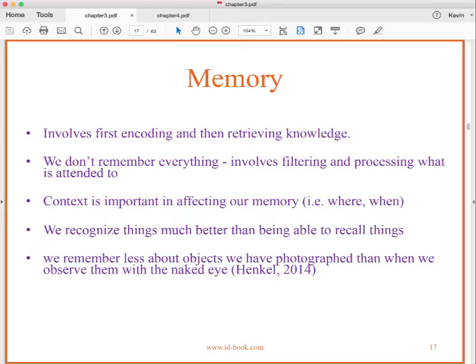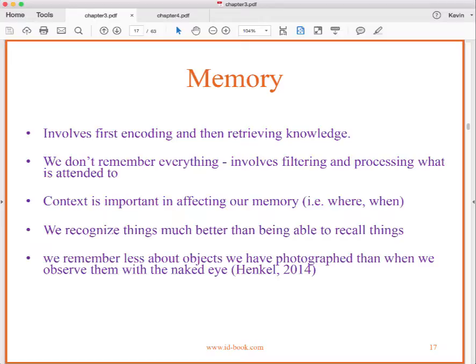There's a good discussion in the text about how context is important in affecting memory. There are times when we can't recognize a person, for instance, because they're in a different context. We might recognize a face, but not be able to put a name with it because we're seeing them at work, and maybe they're part of our church or our sports club.